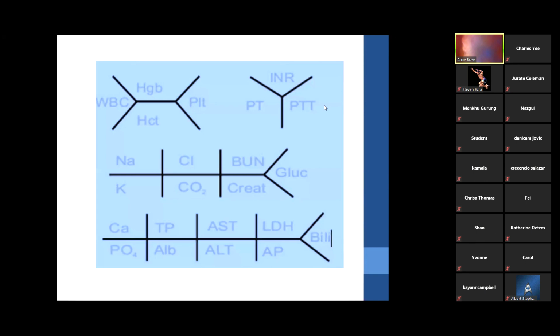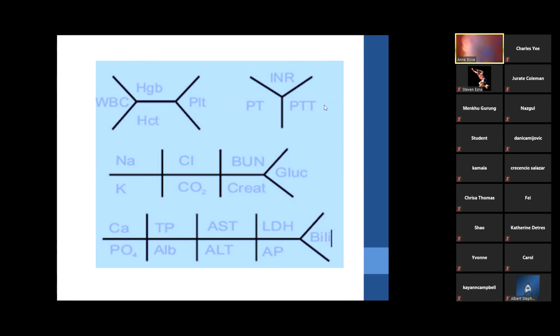These grids are still used to this day, and you see them on charts in terms of reports. So the middle grid is when you're looking at electrolytes. So it's your sodium over your potassium, chloride over your CO2.